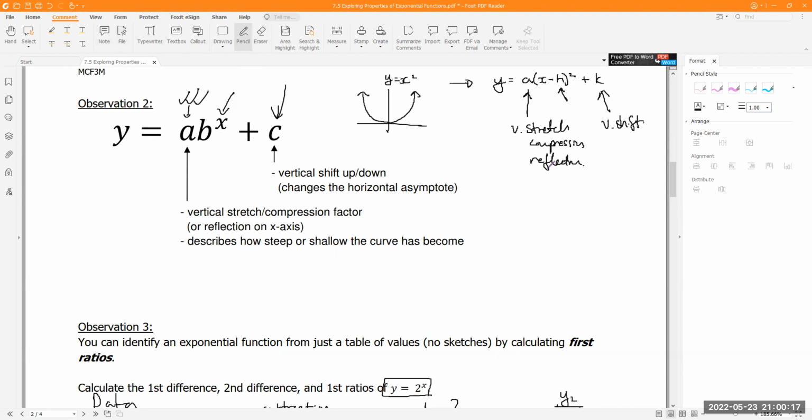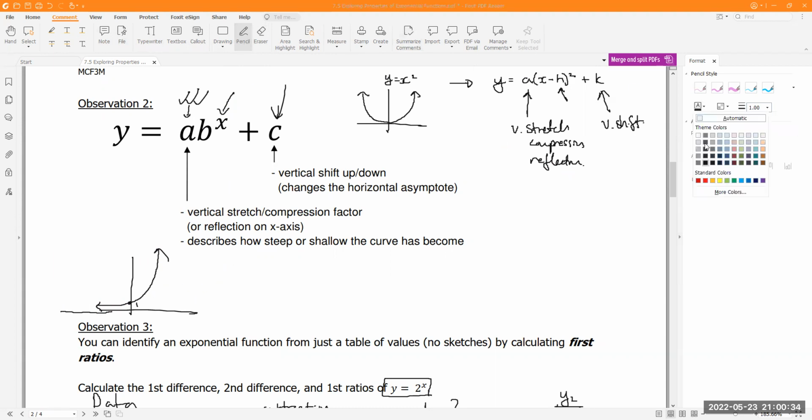Okay, so let's talk about some of these values. Normally, an exponential function has a y-intercept of 1, and it does something like this, and it approaches a 0, of course. If I were to vertically stretch it, you could do that. If I were to vertically compress it, it could do that.